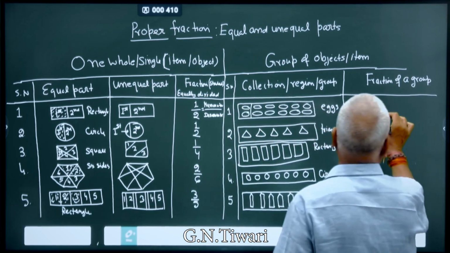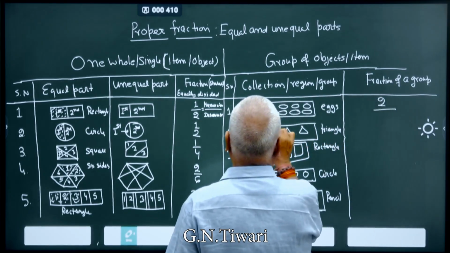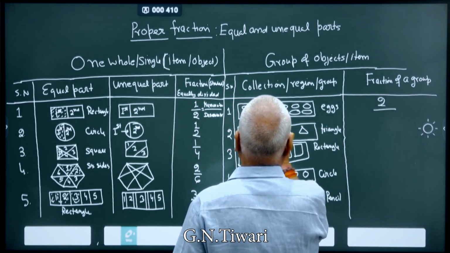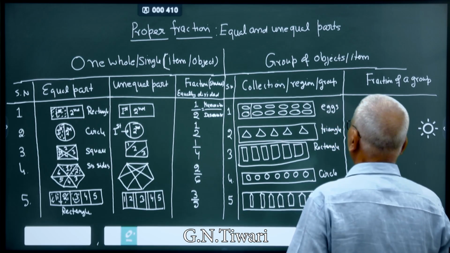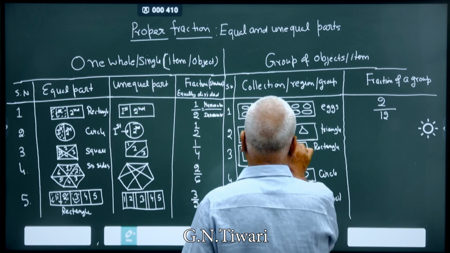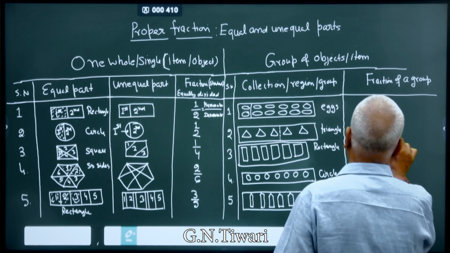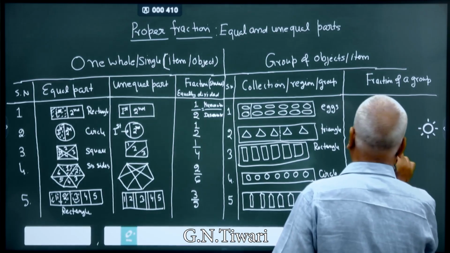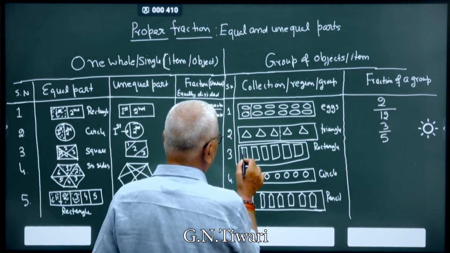Then the fraction becomes 2 over, because counting 2, 4, 6, 8, 10, 12, there are 12 in total. Now the triangles. Suppose you want to give 3 triangles to a student. It will be 3 upon 5. Suppose here you again want to give 2.